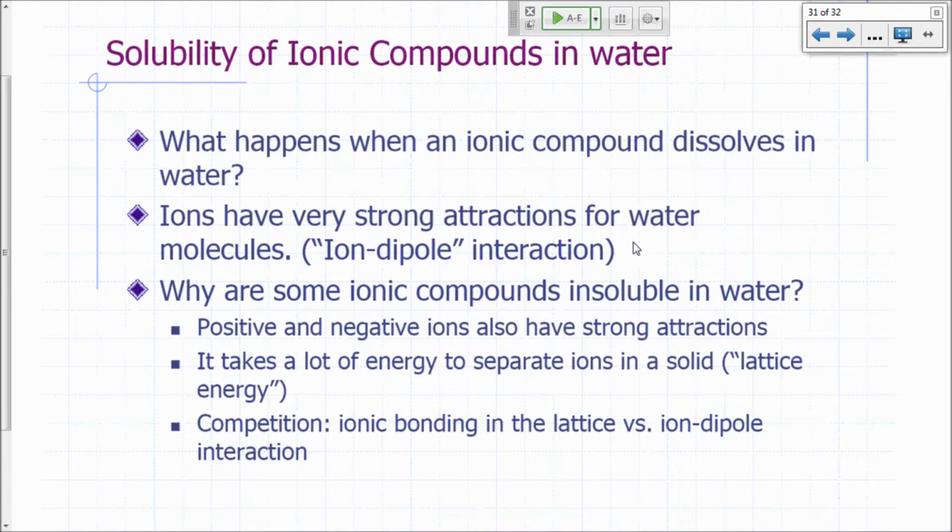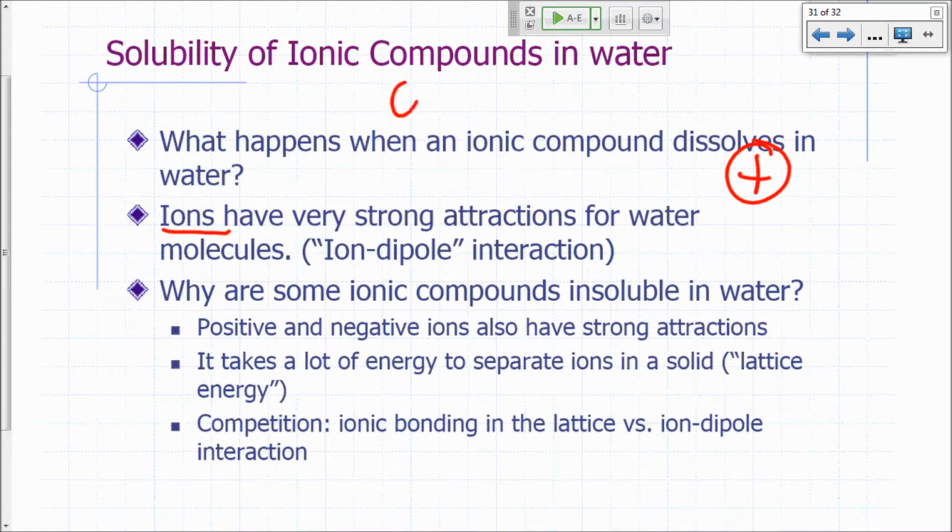All right. How do you explain solubility of ionic compounds in water? When you put an ionic compound in water, they would tend to dissolve, and the reason for the dissolution is that your ions can have strong attractions for water molecules. So if I have a positive ion, which part of the water molecules would be attracted to it?